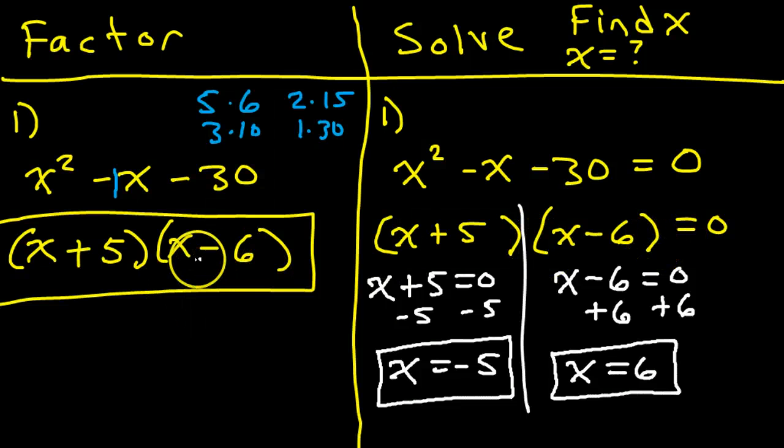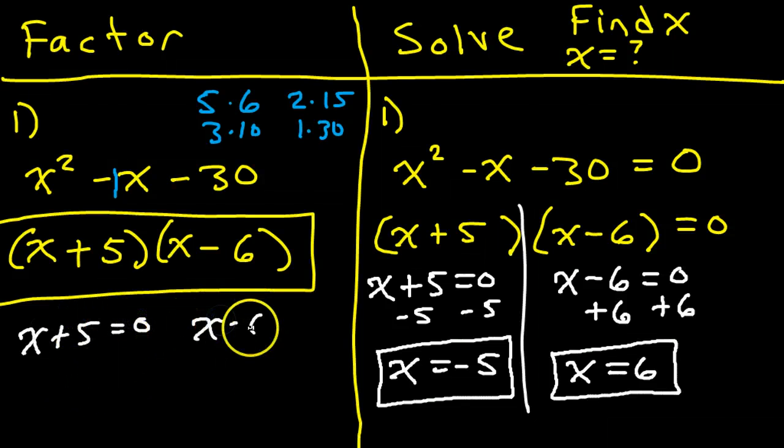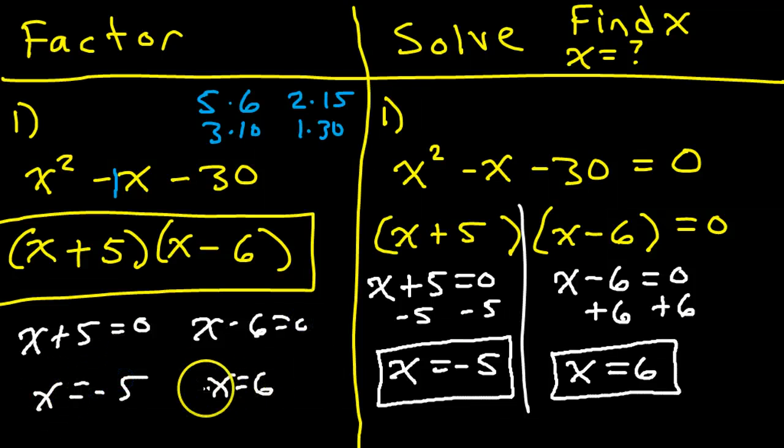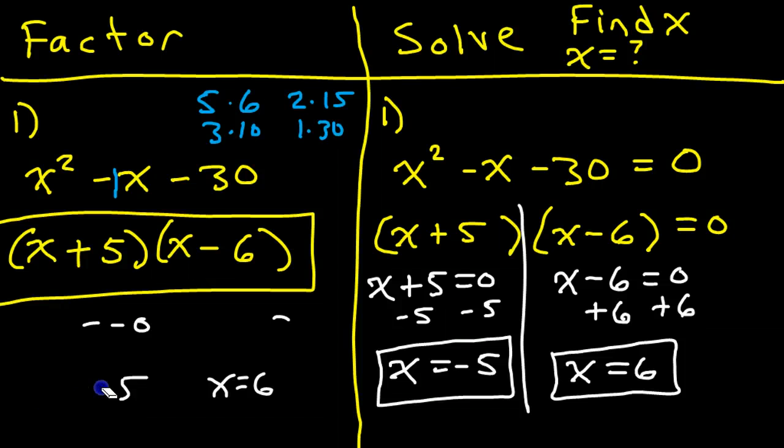And then on other problems where the directions will say factor and there's no equation, no equal sign, students factor correctly. But then they'll keep going and say, okay, x plus 5 equals 0, and x minus 6 equals 0, x equals negative 5, x equals 6. They'll try to do this on a factoring problem. So I really need to emphasize this to you. Every year I hope that this will be the year that I don't have 5 kids do that.